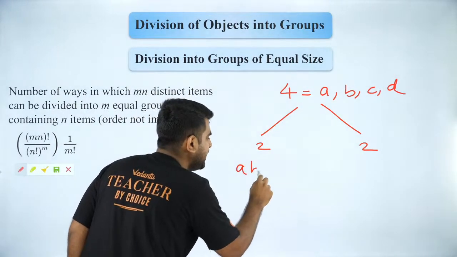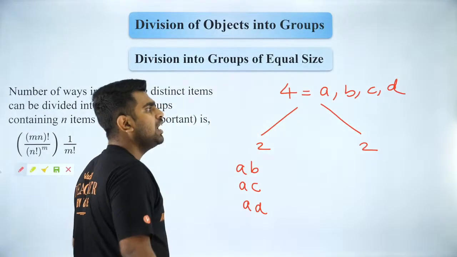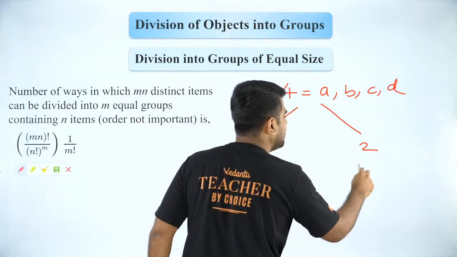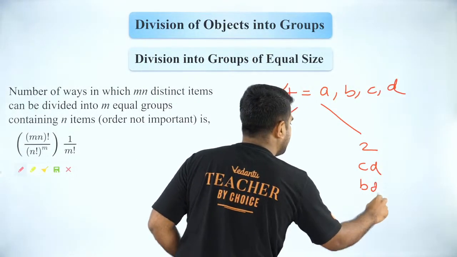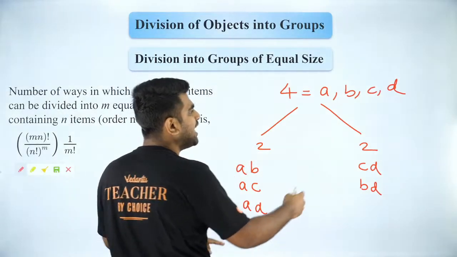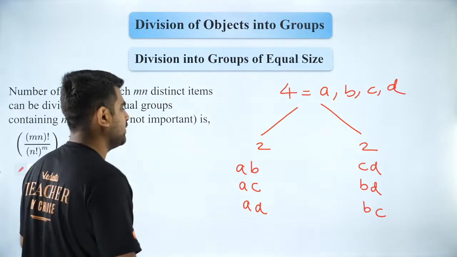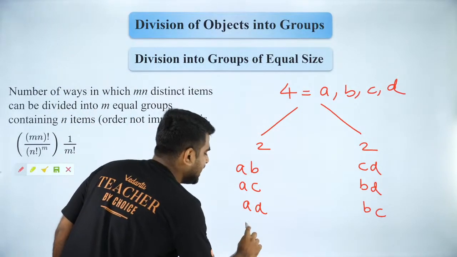I can have AB, I can have AC, I can have AD. Are you guys able to understand that? So when I have AB, what will I have here? I'll have CD. When I have AC, what will I have here? I'll have BD. When I have AD, what will I have here? I'll have BC. And then what else can I have? Can I say I'll have BA?